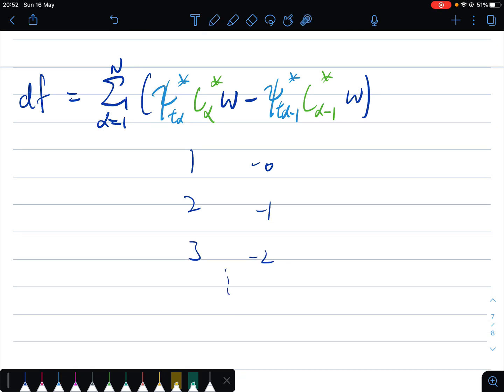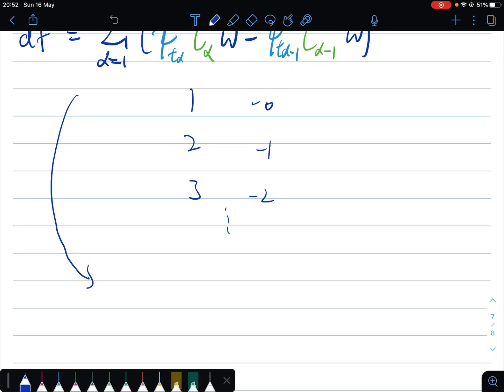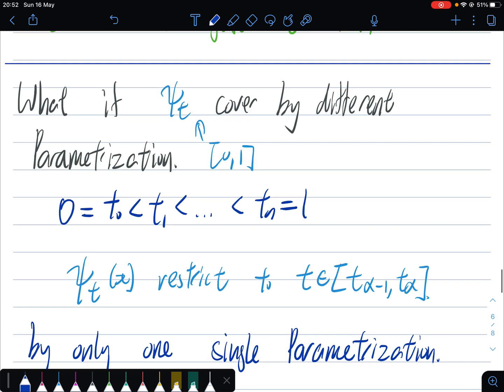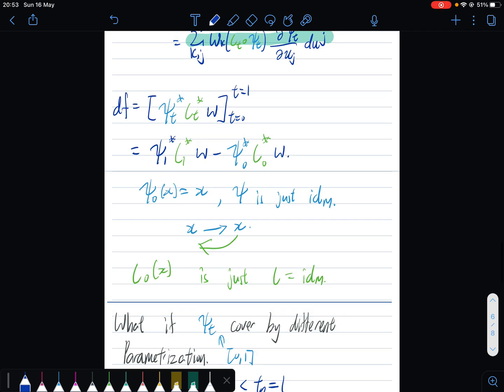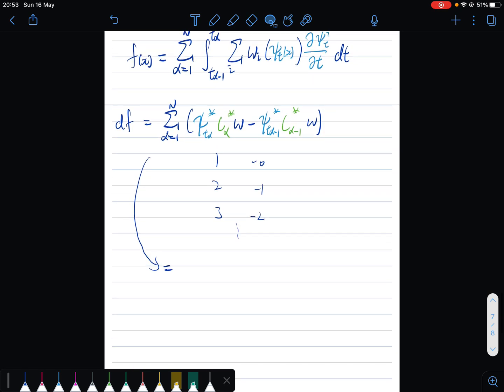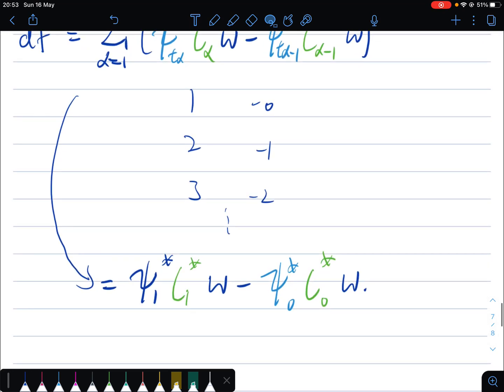After the cancellation, it will remain this condition, giving exactly the same result. So this completes the proof in the general case.